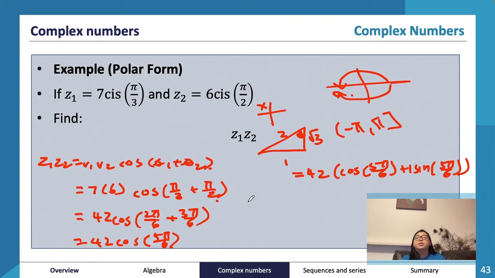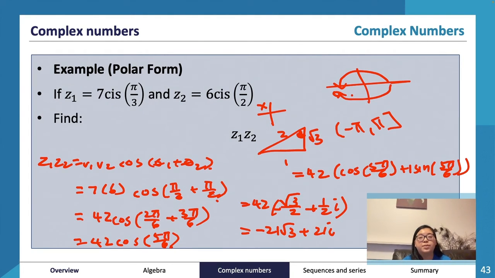Our cos 5 pi on 6 is going to be equivalent to root 3 on 2, and it's going to be negative since it's in this quadrant. And our sine is going to be positive, and it's just going to be a half, so plus a half i. And if we expand that out, it's going to be negative 21 root 3 plus 21i.